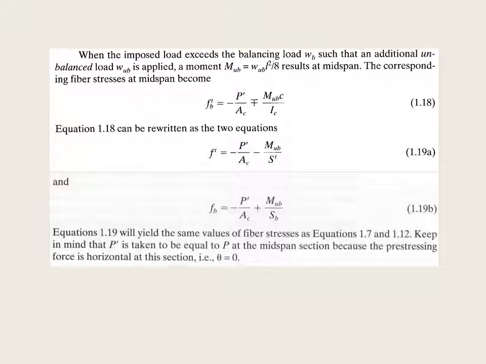For the top, f top is negative P prime over Ac minus Mub over S top, section modulus at the top, and f bottom is negative P prime over Ac plus Mub over Sb, section modulus at the bottom. So P prime, what is P prime? P prime is actually the effective pre-stressing force.